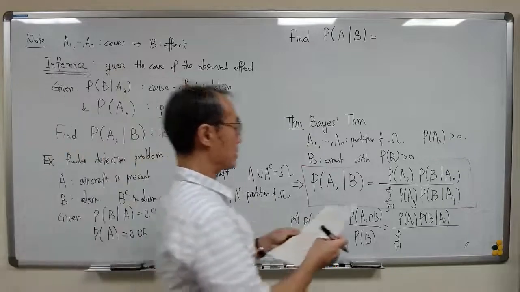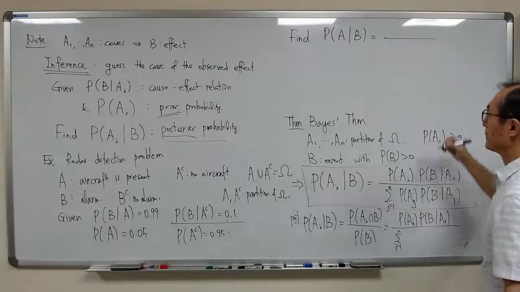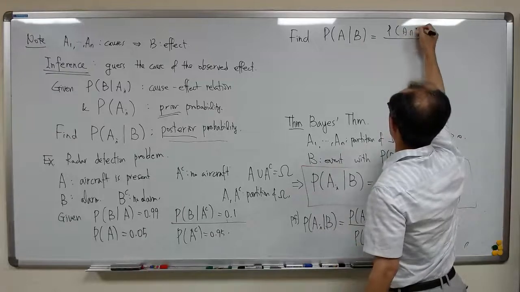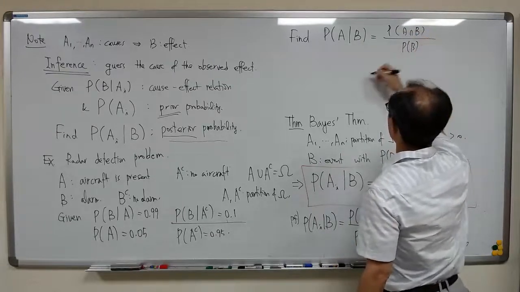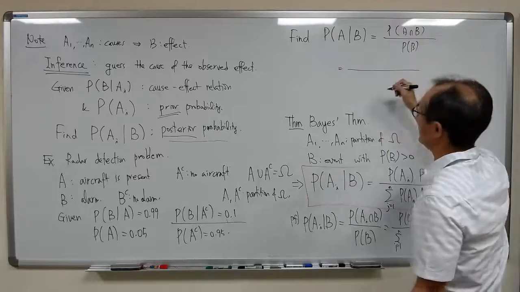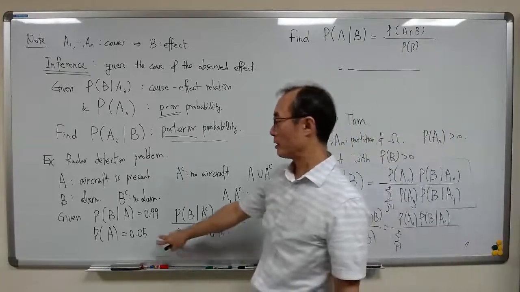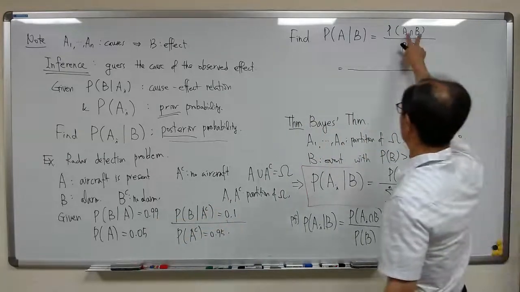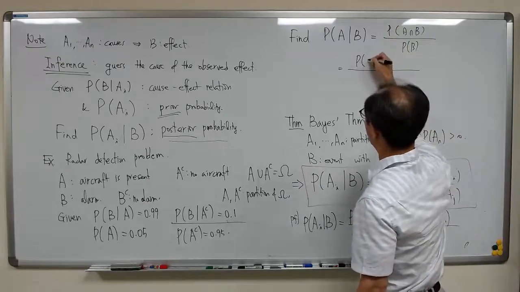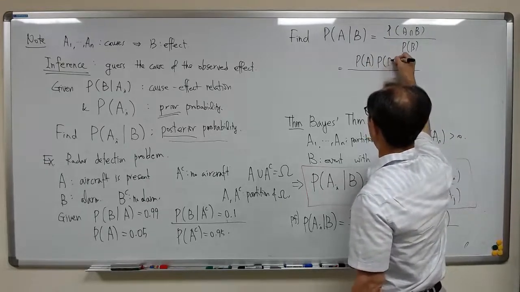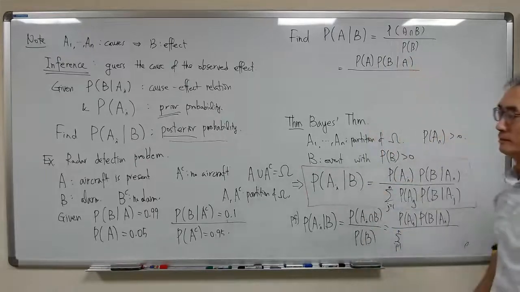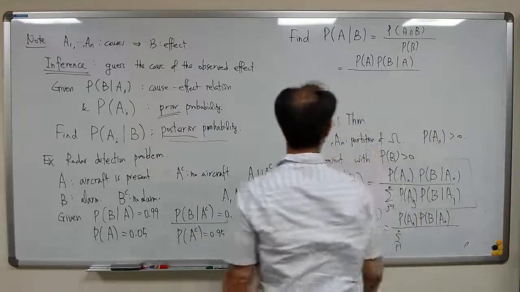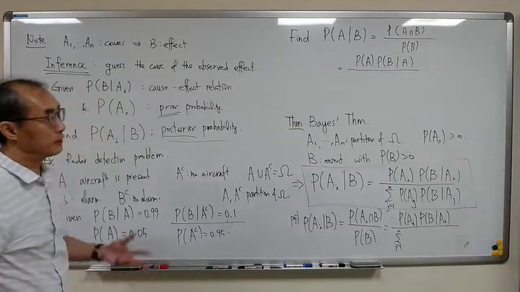To do that, we need to apply the Bayes theorem. So we have to compute the probability of the intersection of A and B over the probability of B. The intersection probability is computed by combining the prior probability and the cause-effect relation, which means the intersection of A and B is the probability of A times the probability of B given A, the product of those two numbers. And what's the probability of B?